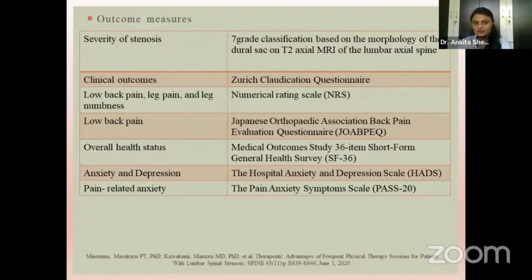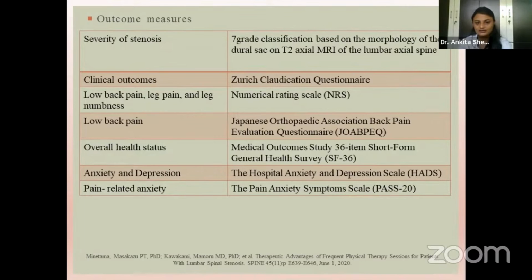The outcome measures included in the study were severity of stenosis, for which they took a 7-grade classification based on the morphology of the dural sac on T2 axial MRI of the lumbar spine. For clinical outcomes, they used the Zurich Claudication Questionnaire. Low back pain, leg pain, and numbness were quantified using the numerical rating scale and the Japanese Orthopaedic Association Back Pain Evaluation Questionnaire.